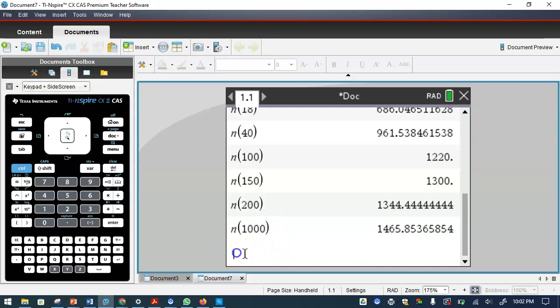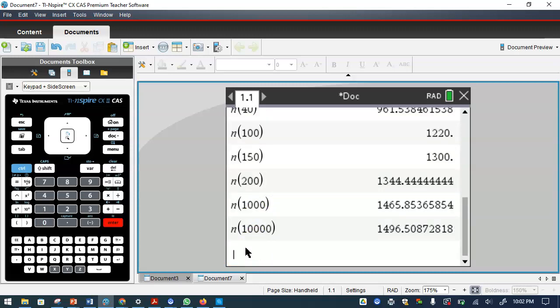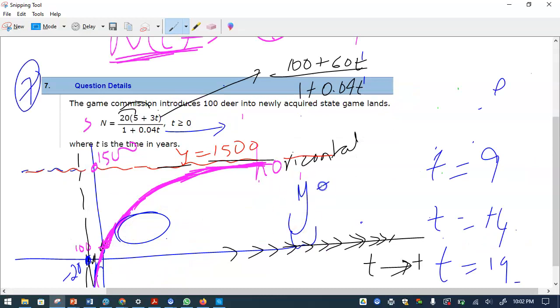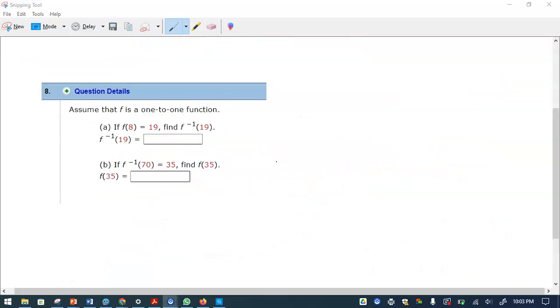If I put another zero, 10,000, you see, almost 1,500. So the idea is that the deer population can never cross 1,500. That's why there is a horizontal asymptote here, y equals 1,500. It never crosses the threshold of 1,500. Hope that helps. Let's move on to the next question.